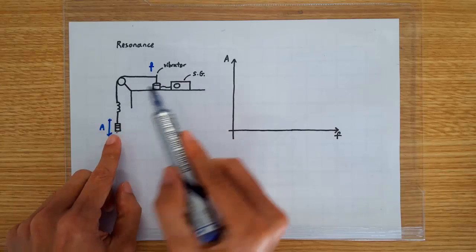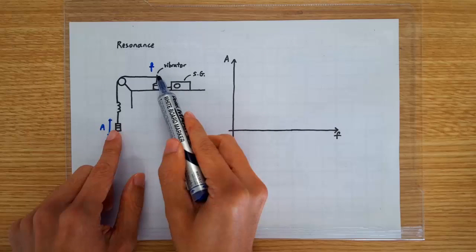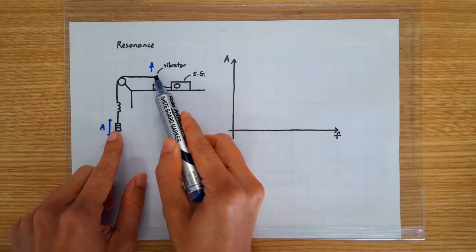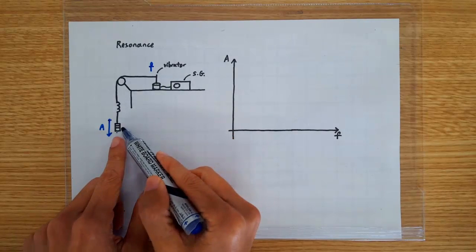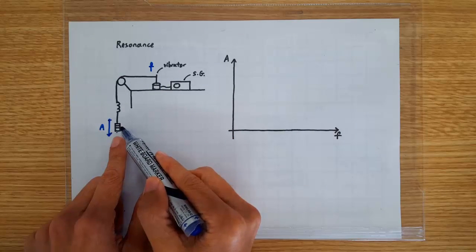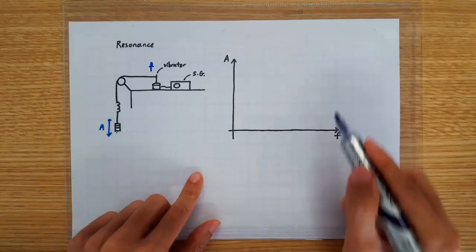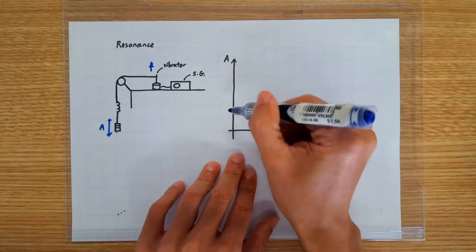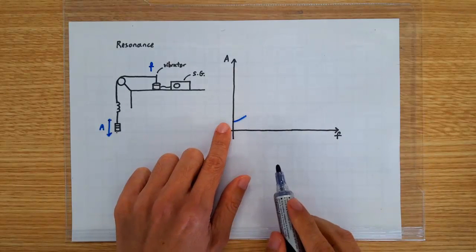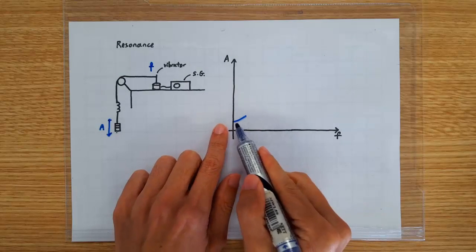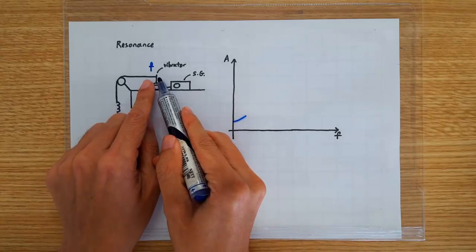So basically this guy is going to be exactly in line with whatever the vibrator is doing. And because the amplitude of the vibration is very small, the forced oscillation's amplitude is also going to be small. So that's why the resonance graph always starts off with a low amplitude at low frequency. In fact, this amplitude is exactly equal to the amplitude of the driver.